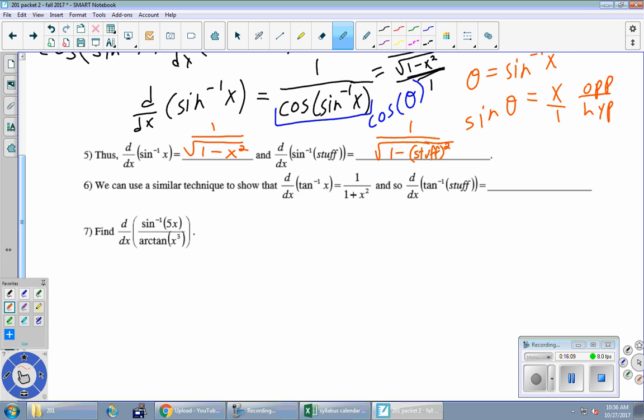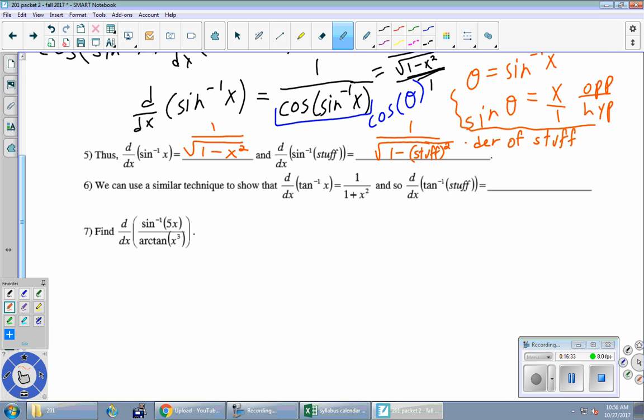Right? Just change the x to stuff. But then at the end, times the derivative of the stuff. Again, that derivative of the stuff is always on the side, which means it's where, top or bottom? It's on the top. It's never on the bottom.